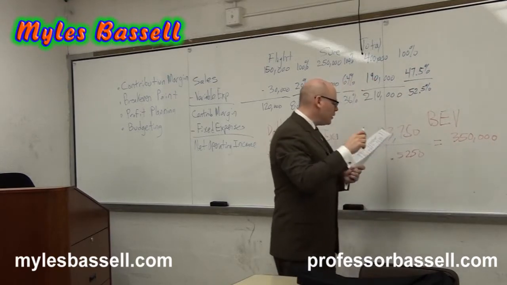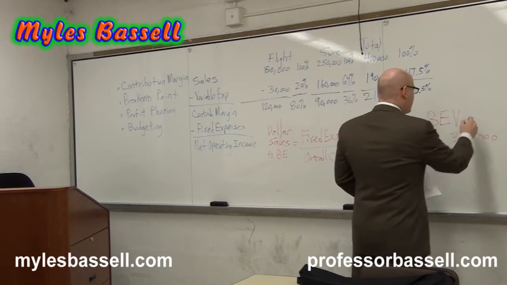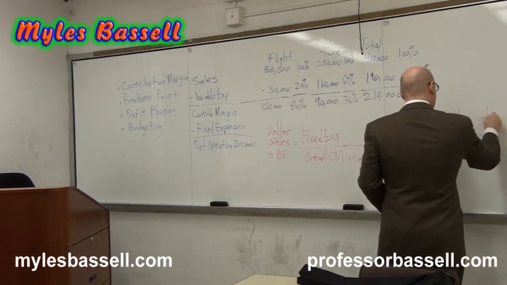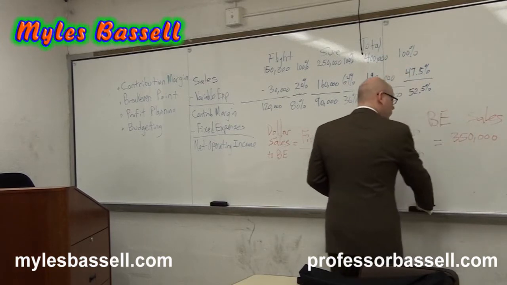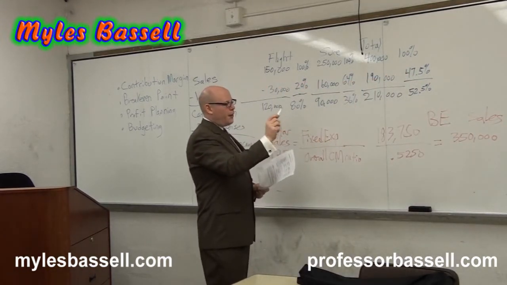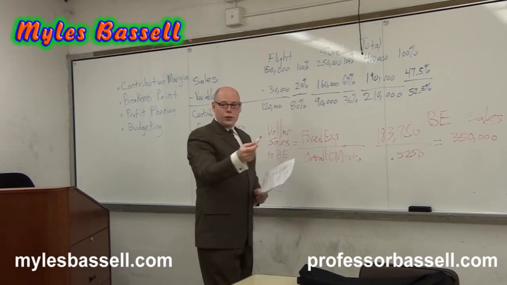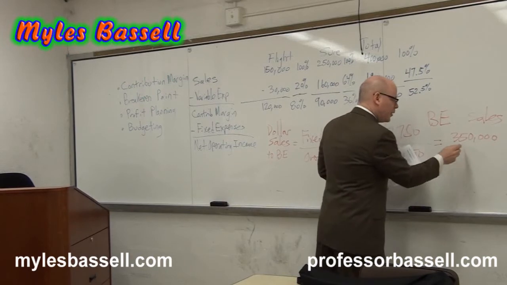So that's the level of sales. So this is the break-even level of sales. So at 350,000 pesos, if we achieve this level of sales, we're going to break even.